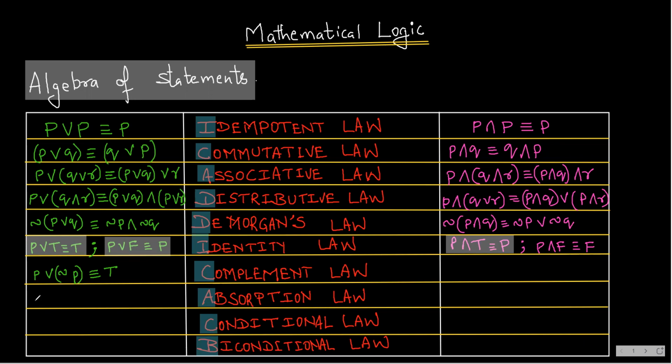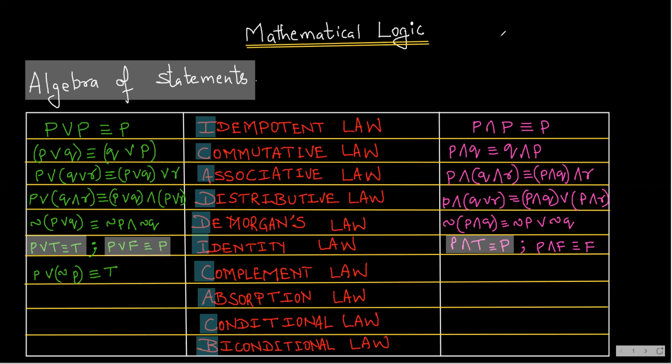If P is true, then negation P will be false. So you have true or false, which is true. And if P is false, negation P will be true. So you will have false or true, which is once again true. So P or negation P is always true. This is complement law.